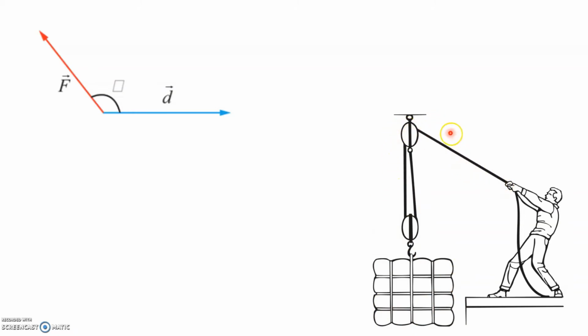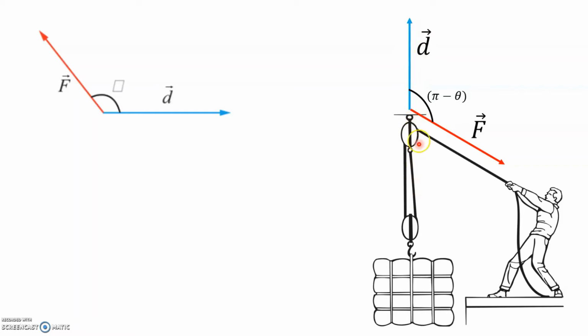The force is in this direction and the bundle is moving upward. So the displacement is in this direction and the force in this direction, and the angle between them is pi minus theta. Remember, the vector angle is always measured from the outgoing side.